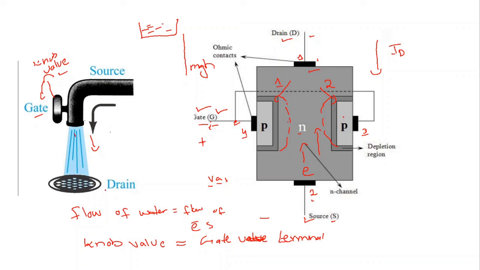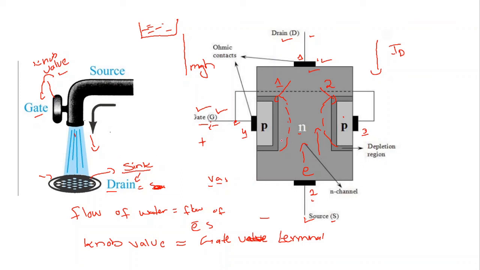The other analogy can be made between the drain and the sink. If you have a look, water is moving towards the sink, and here electrons are moving towards the drain. So the sink can be made analogical to the drain. The drain is collecting electrons in the junction field effect transistor. Similarly, the sink is collecting water in this spigot.